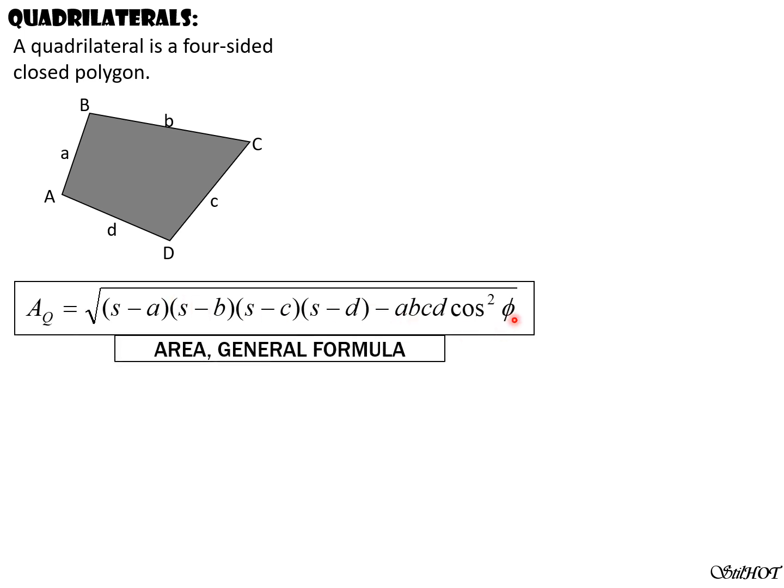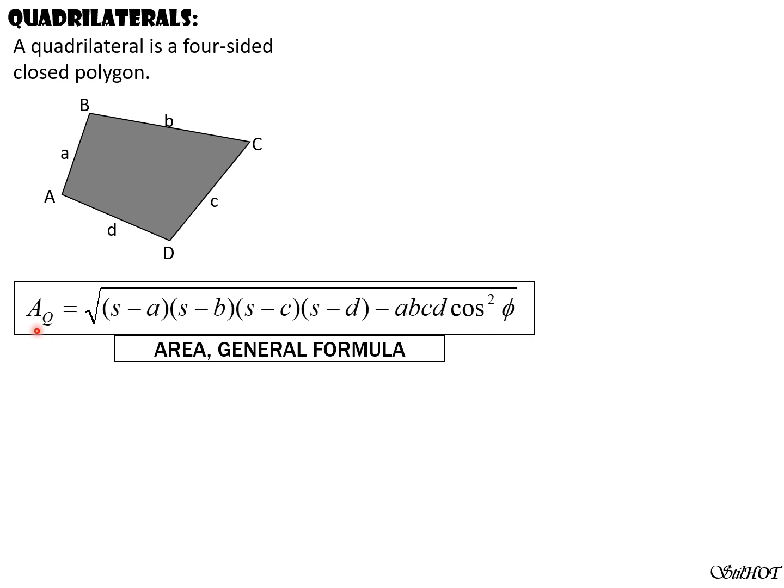Where p here is the average of opposite angles, so 1/2 of angle A plus angle C, or 1/2 of angle B plus angle D. That's the definition of p.